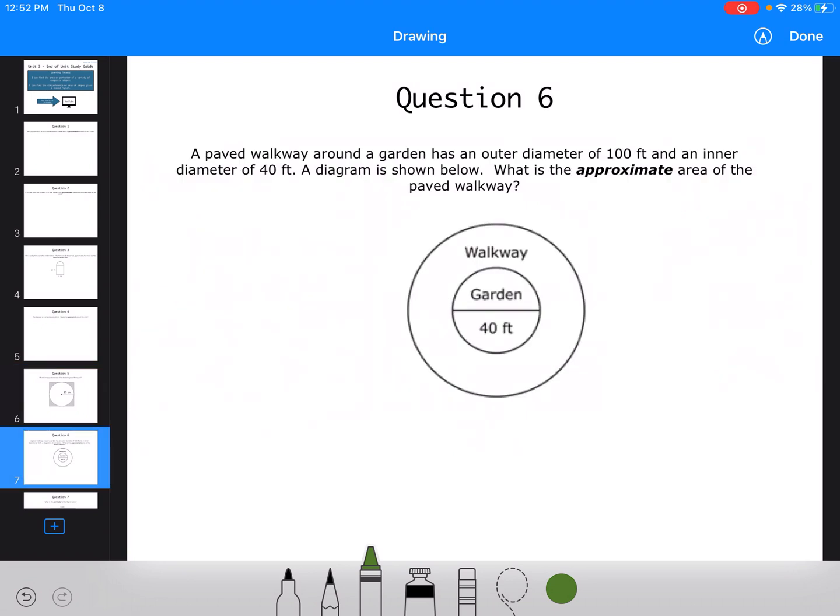All right, my next question is talking about a paved walkway. So they have an outer diameter of 100 feet. So that's 100. And then the inner one is 40. So they want to know what's the approximate area. So I've got two circles, so I have to find the area of both. So I'm going to do area equals pi times radius squared.